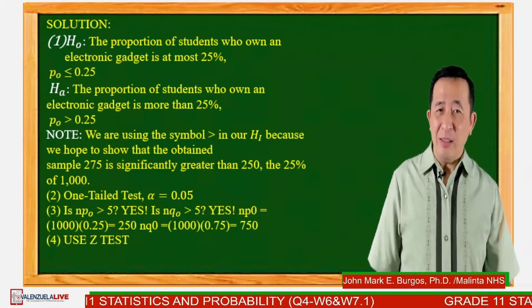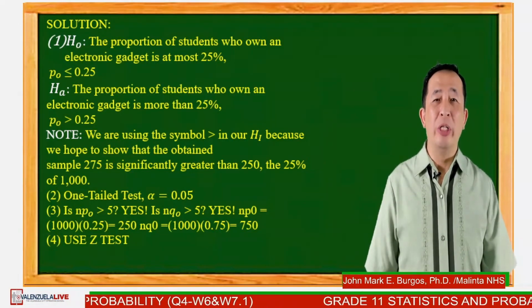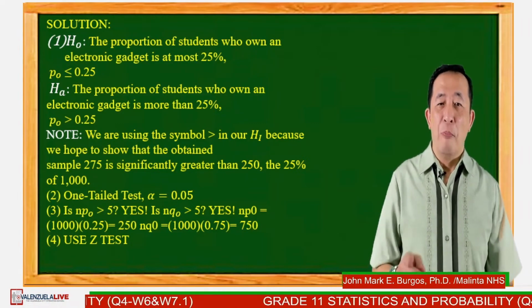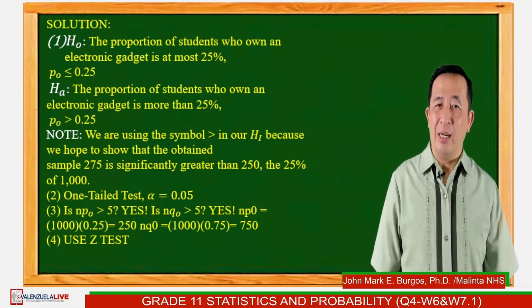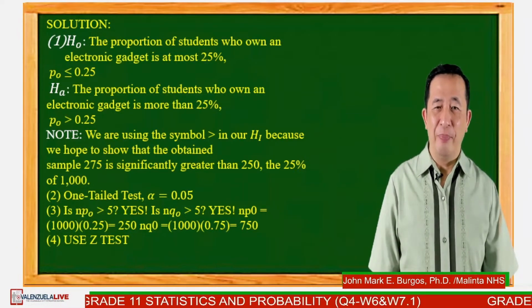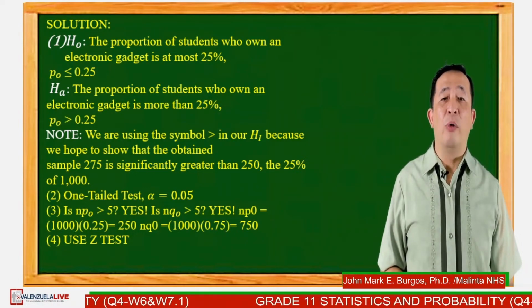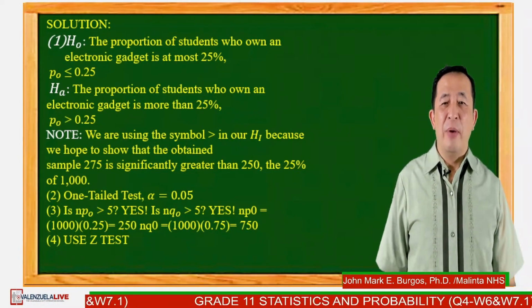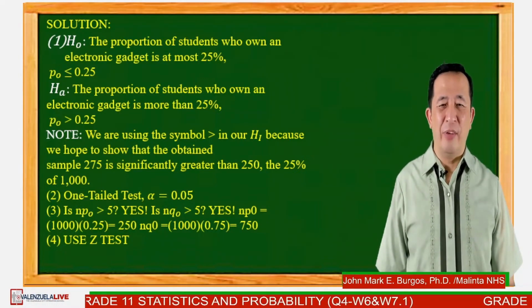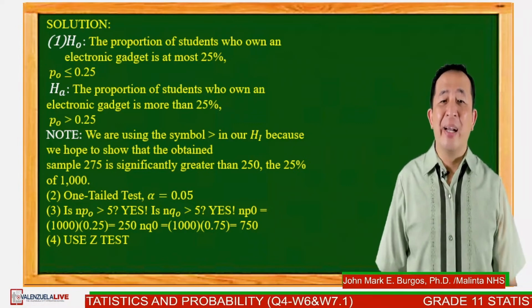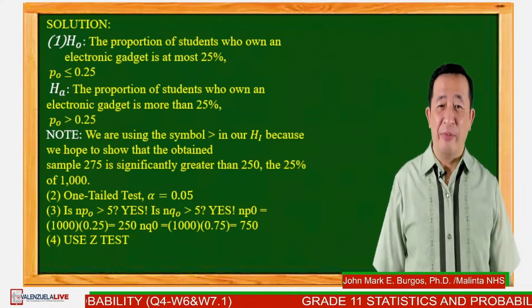But in the alternate hypothesis, the proportion is more than 25%, or p sub o is greater than 0.25. Take note that we are using the symbol greater than in our alternate hypothesis because we hope to show that the obtained sample of 275 is significantly greater than 250, the 25% of 1,000.